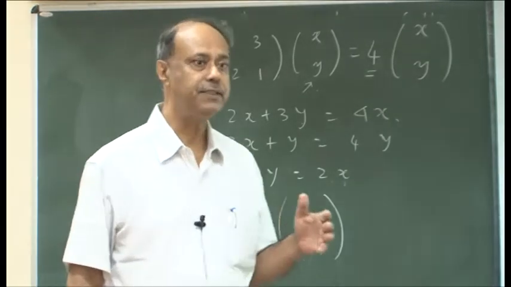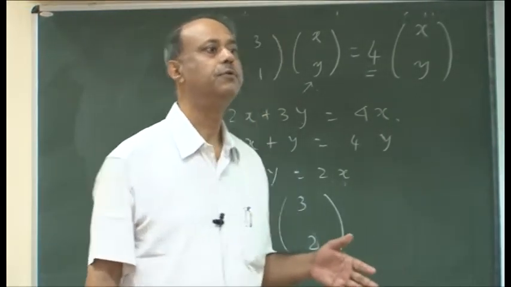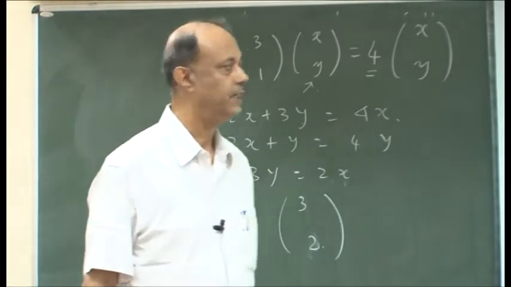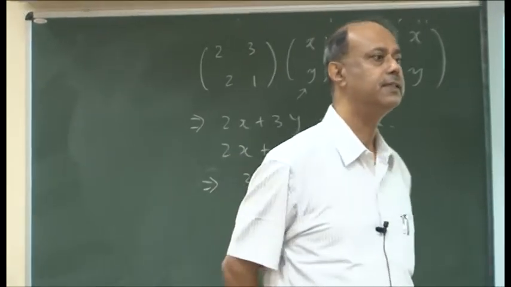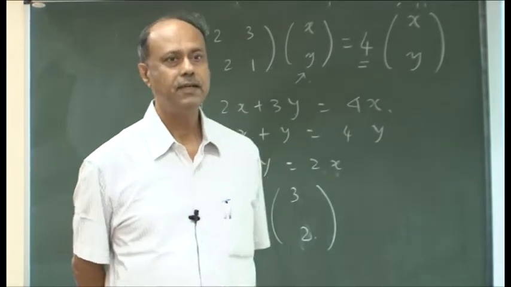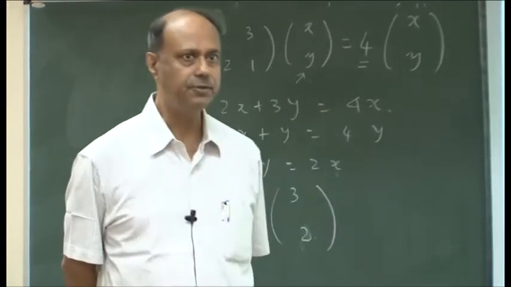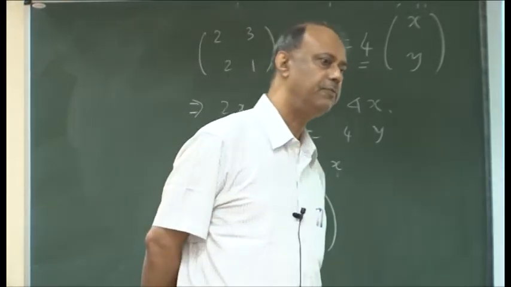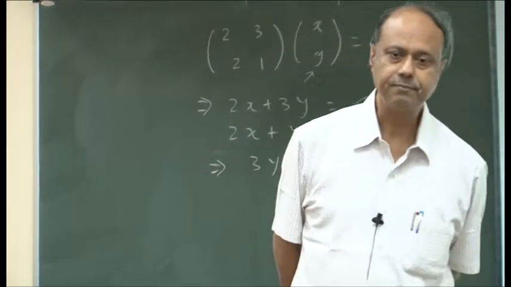That means the number of dimensions will give you the number of eigenvalues. Here we have considered a 3 cross 3. Now, can you find out, first you find the eigenvalues and then you find what the eigenvectors are.